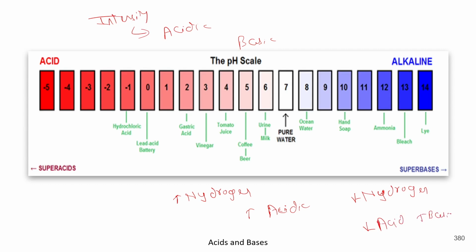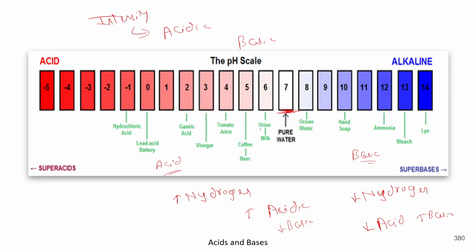Similarly, the less will be the basic. Okay, so here in this picture you can see that 7 is a neutral number. In total we have 1 to 14 and also several numbers beyond. But 7 is the neutral state. Below this is acidic and above are bases. Got it?